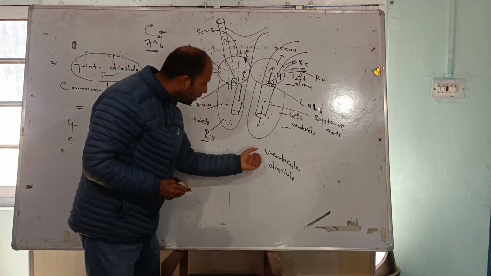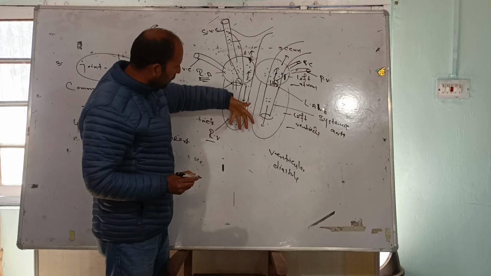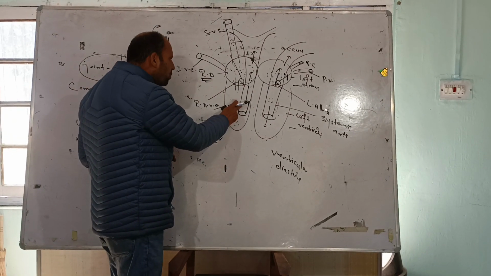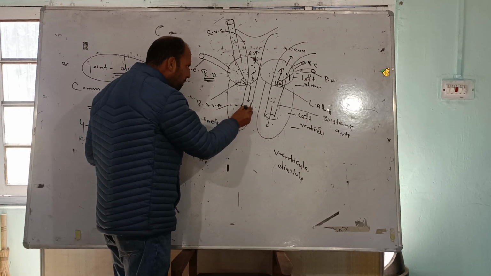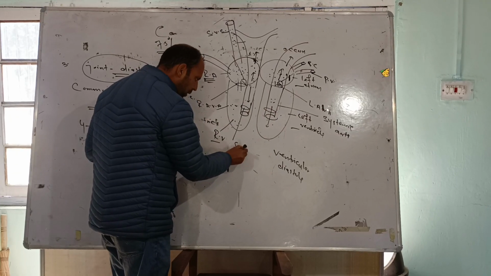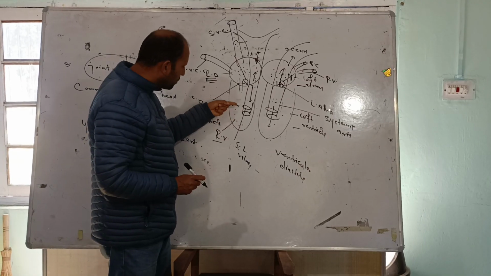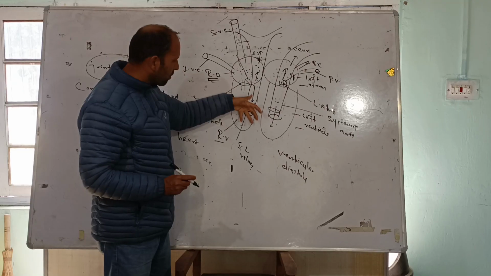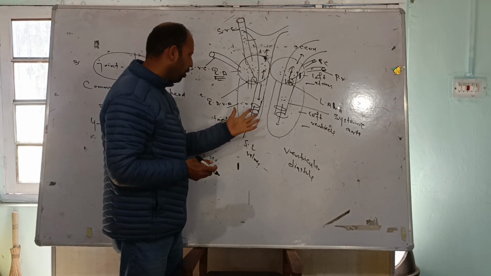But we have to remember, during ventricular diastole, the backflow of blood into the respective ventricles is prevented, because in the pulmonary artery and the systemic aorta we have a valve, which we call the semilunar valve. These semilunar valves close, so the backward flow into the respective ventricles is stopped.